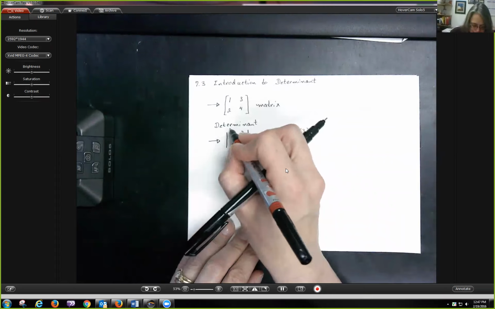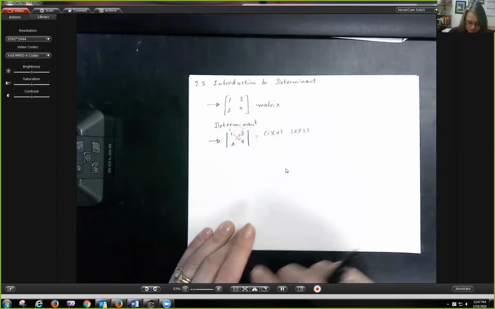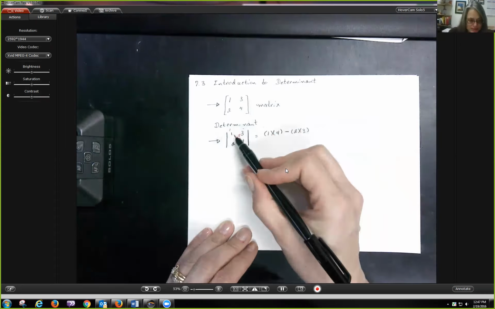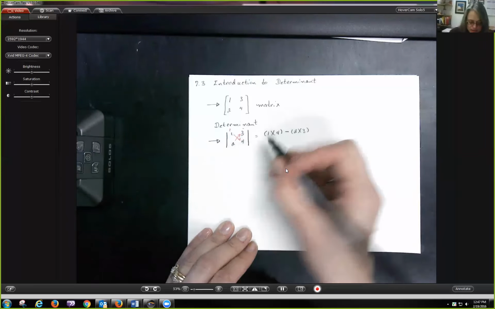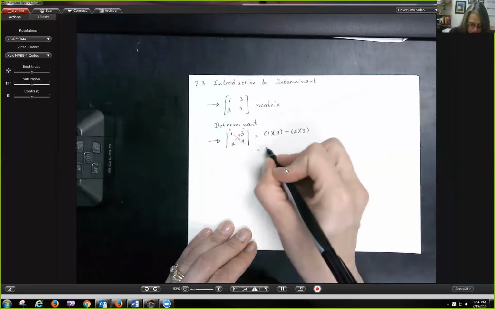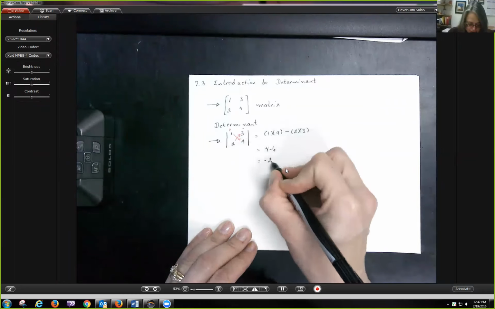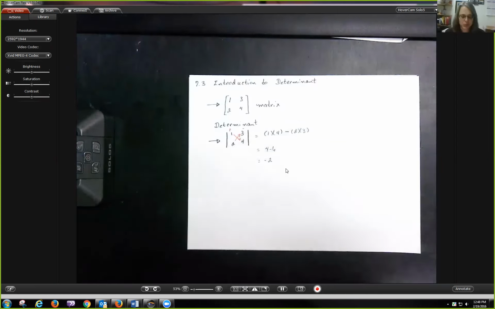This guy is positive and this one is negative. So I put a minus sign in the middle. So the determinant of this matrix is 1 times 4 minus 2 times 3, or 4 minus 6, which is negative 2.